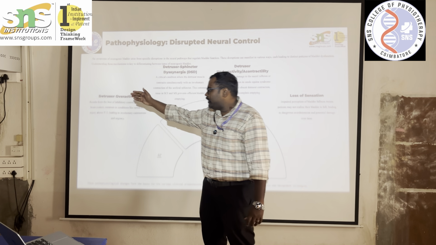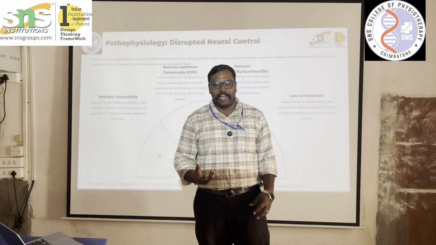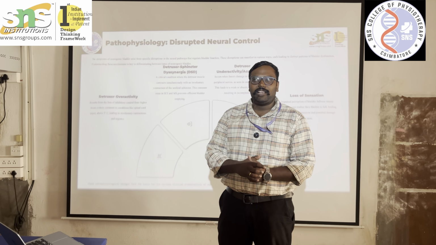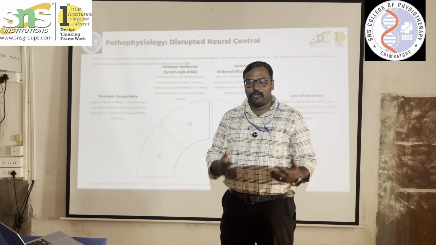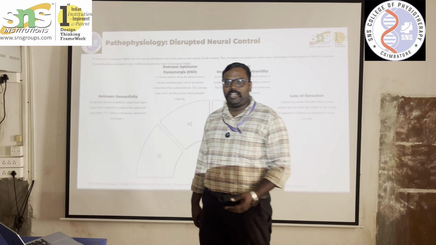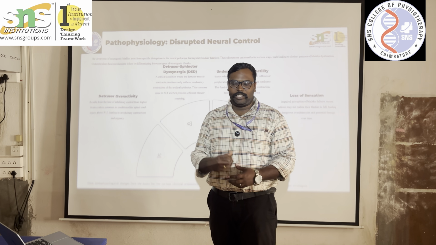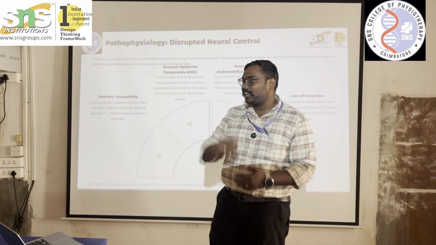One is detrusor overactivity, where the muscle will be overactive. For example, if we see someone doing their things in an overactive, overhyped manner, we say they are doing the work overactively. In the same way, this particular muscle functions overactively, and the voiding control will be at a higher level.